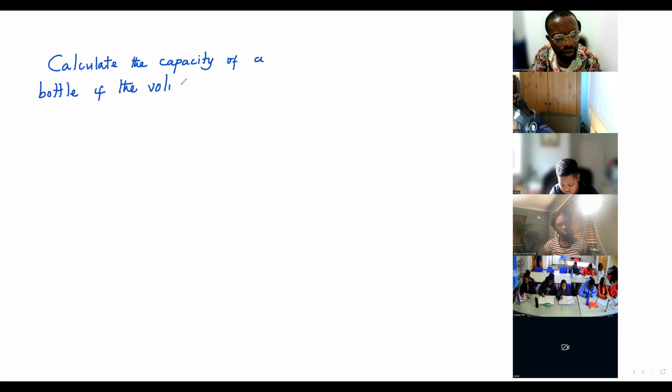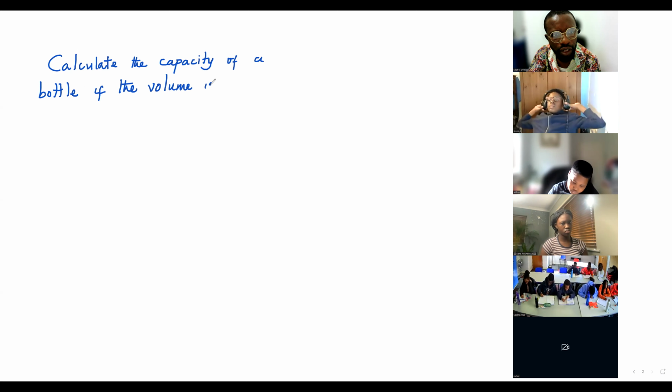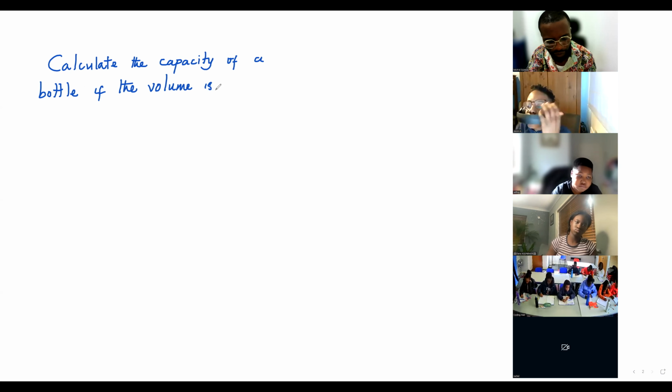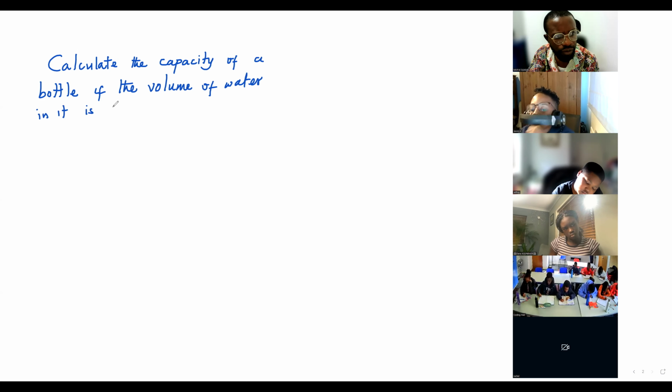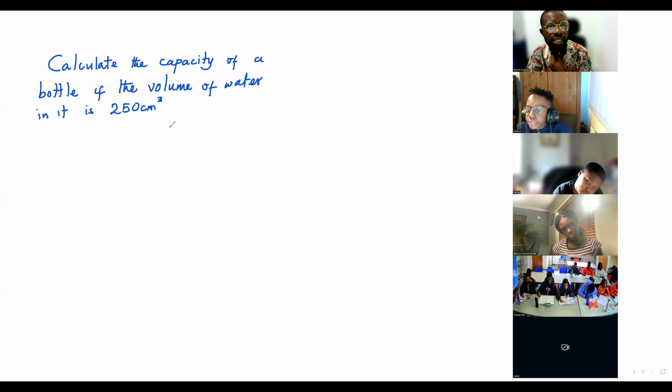Calculate the capacity of a bottle if the volume of water in it is 250 cm3.